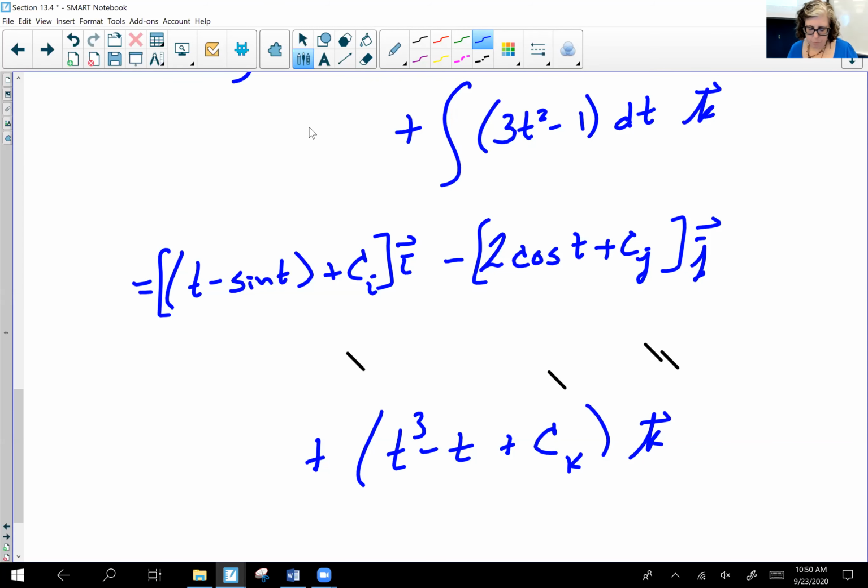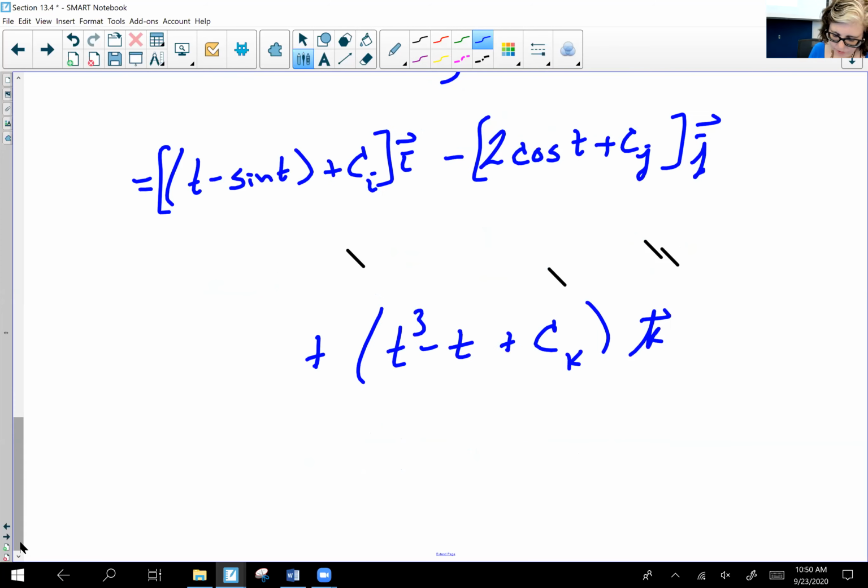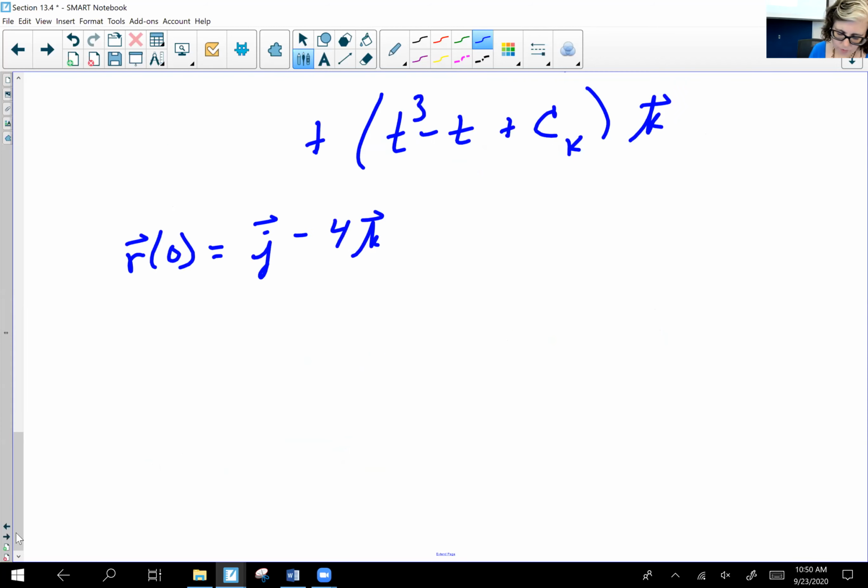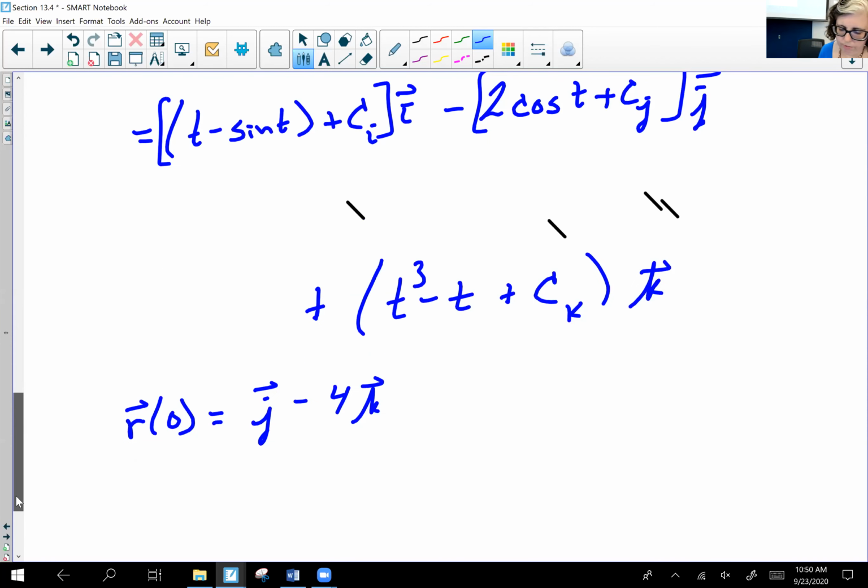Now we have a piece of information, and that's the fact that r sub 0 equals j minus 4k. So we can figure out all of our c's.